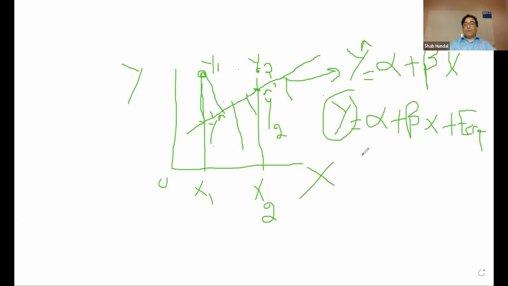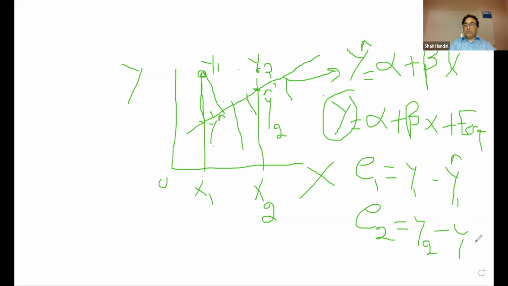One is the real value and the other is the modeled value, theoretical value, or notional value. And the error term is exactly the difference between the two. So error 1 would be equal to y1 minus y1 cap. Error 2 would be equal to y2 minus y2 cap. So on and so forth.